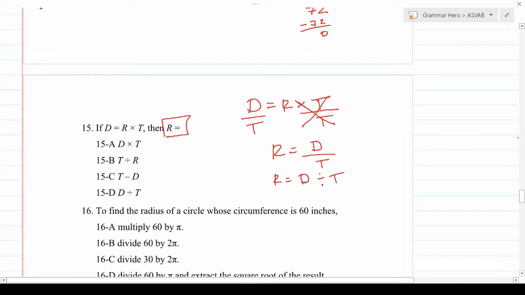And we can see that 15 is D divided by T. This is actually the distance formula. And if you take a look at my YouTube channel, you'll see that I have an entire video, which is about 35 minutes long, devoted to just working out problems involving this formula. So if you feel as if this is something you need practice with, go ahead and check out that video. It's pretty good.